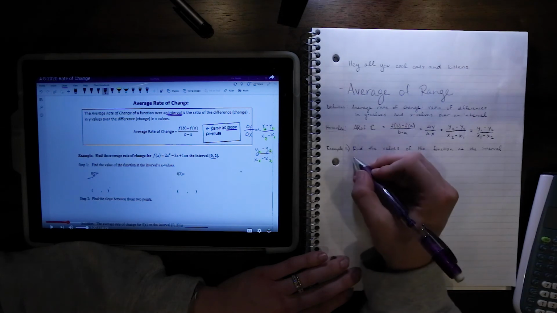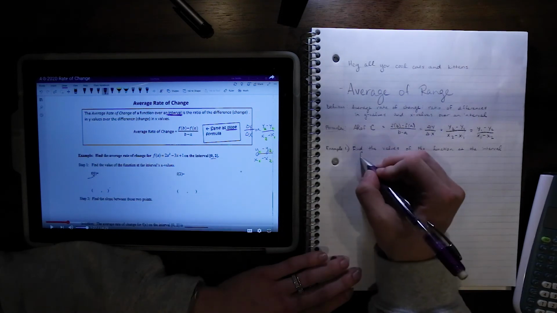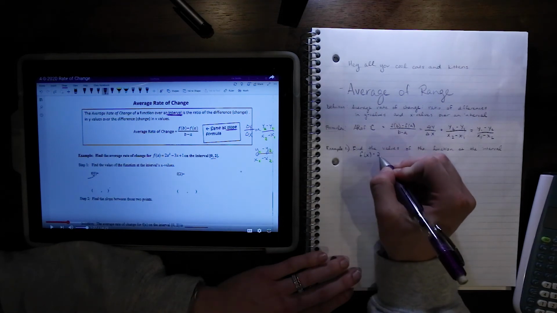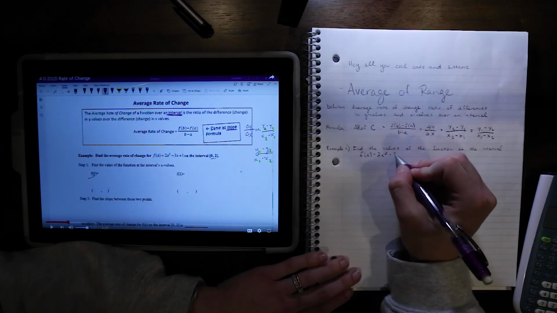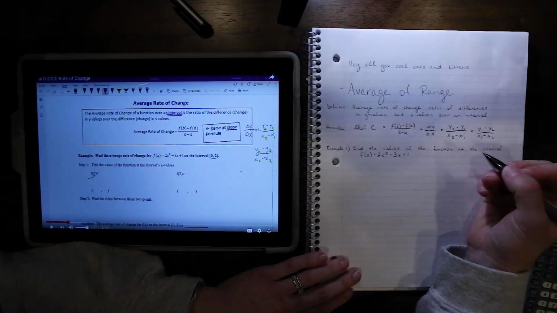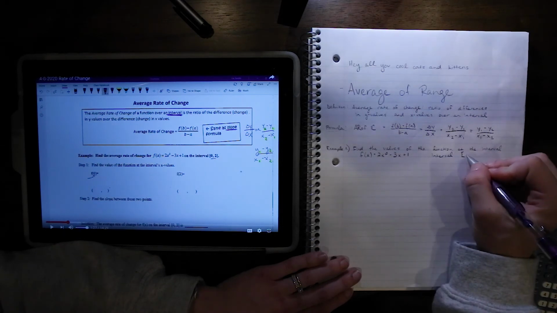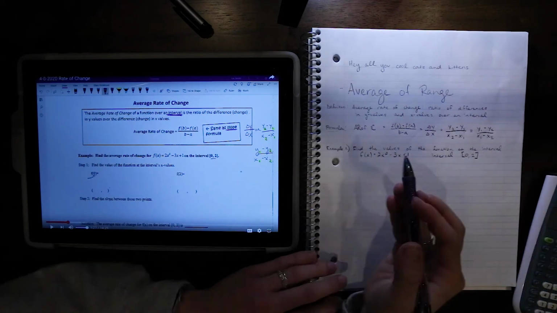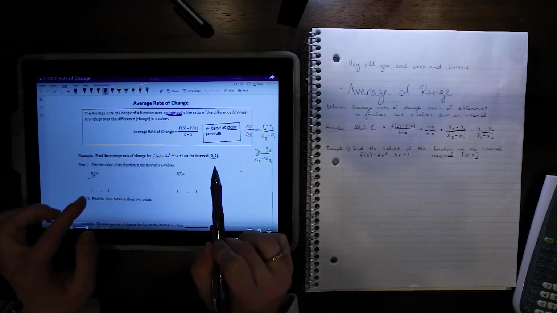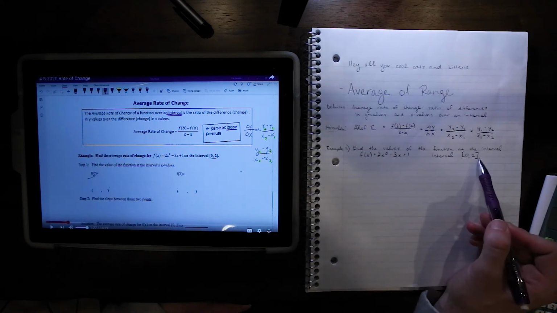Okay, and then I would write the function. So f of x equals 2x squared minus 3x plus 1. And then interval 0, 2. So notice I didn't write down every little thing, but I wrote down the key concepts.